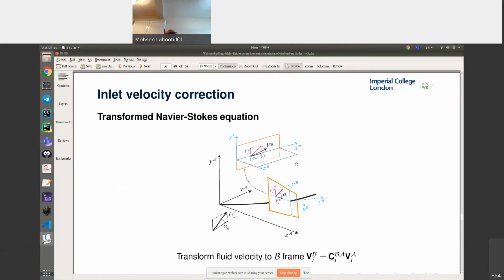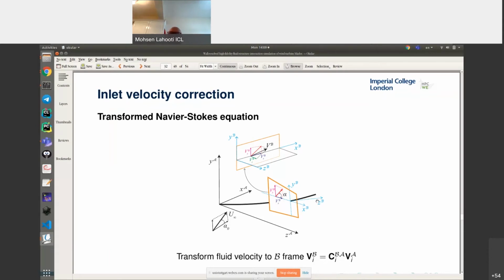Another thing is that for the transformed Navier-Stokes equation, since we only use the translational transformation, to consider the effect of the twist, we adopted an approach using the Cartesian rotation vector and the transformation matrix.